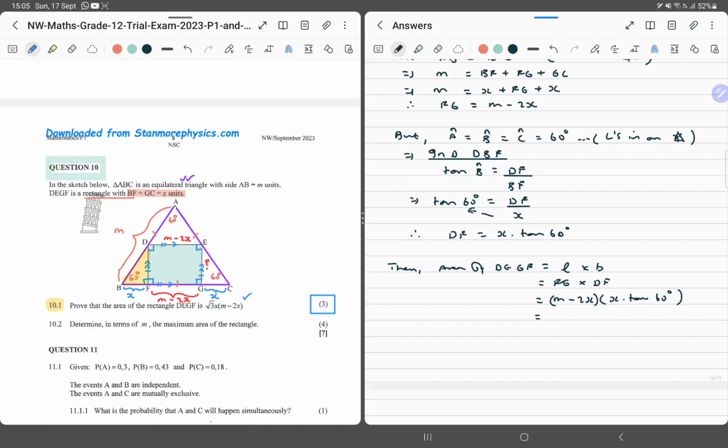Then let's simplify this. We can start with x times tan of 60 degrees, which is root 3, into m minus 2x. Now to write it the way they did, you can just switch the two positions. This is root 3 times x into m minus 2x. So that is sorted, guys. Just like that. Nice and easy.